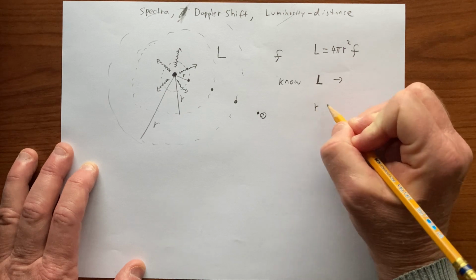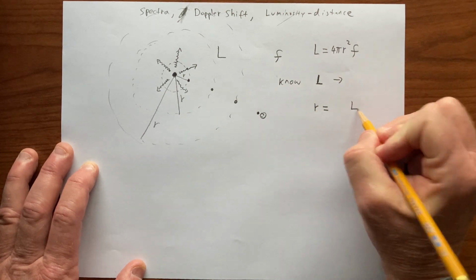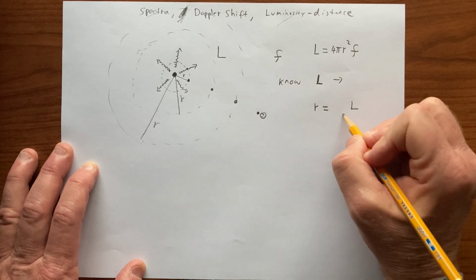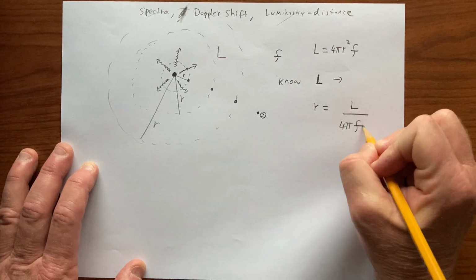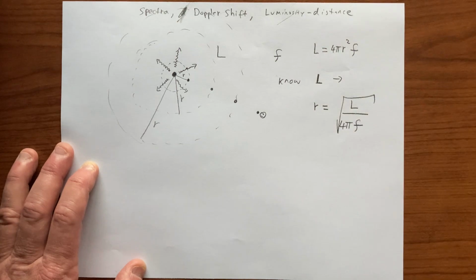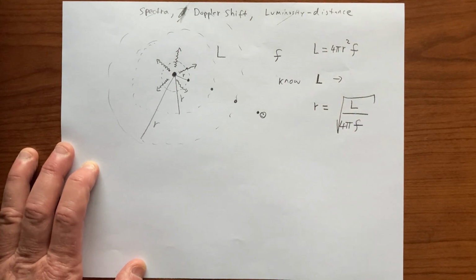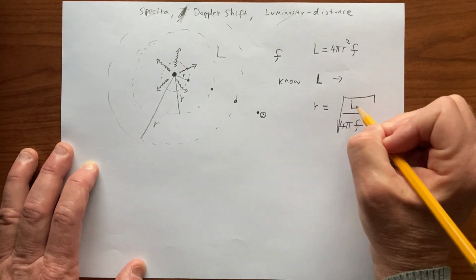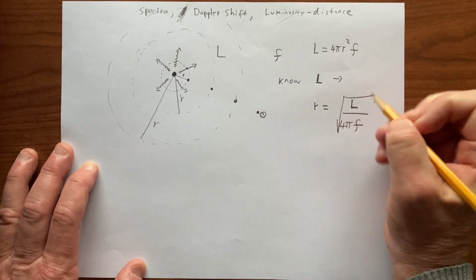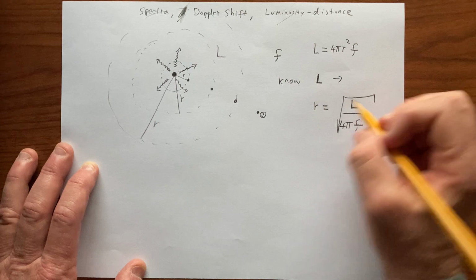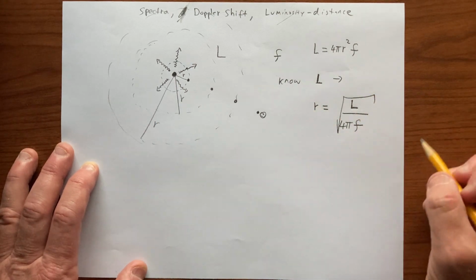So, right, R becomes the square root of the known L divided by 4 pi F. Right, so we can get the distance of the source if we know the luminosity. And so the challenge is to figure out the luminosities of objects that are further and further away, so we can understand how far they are.